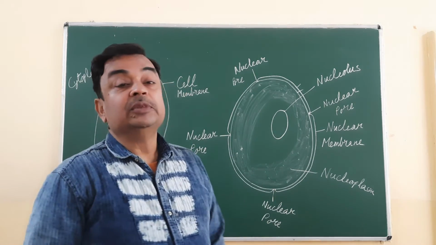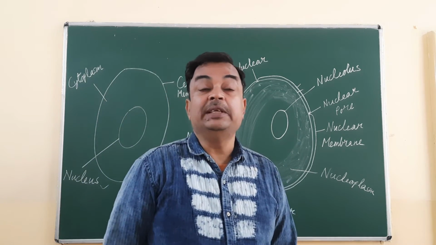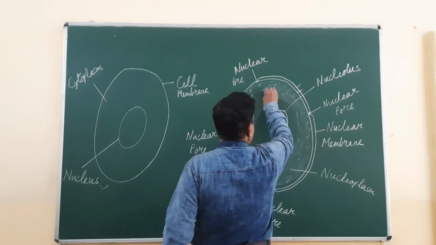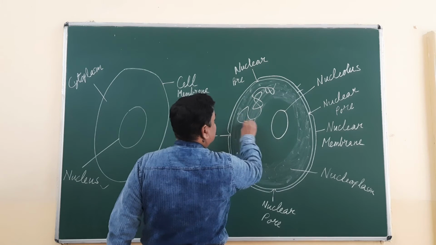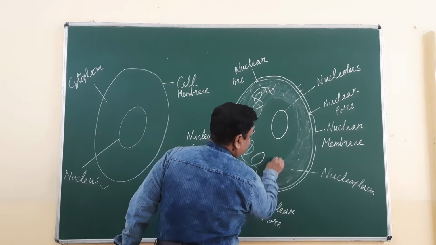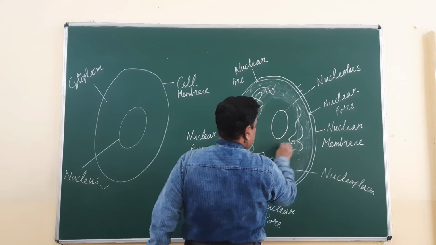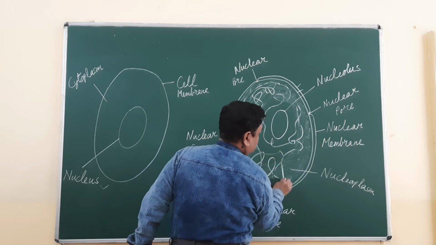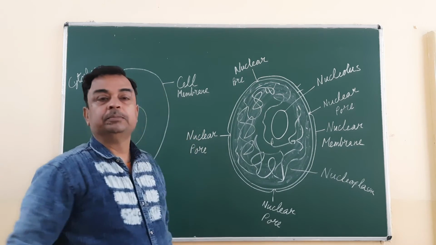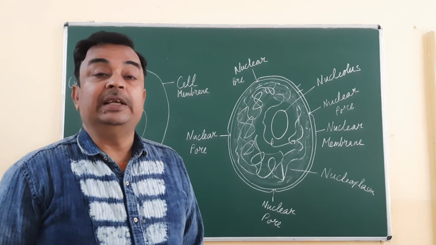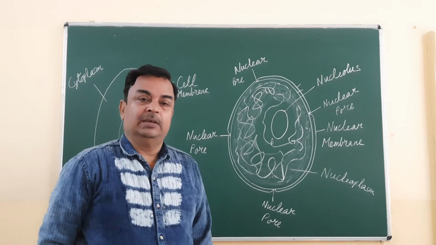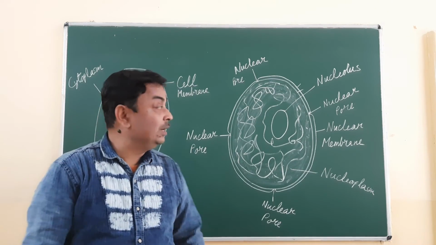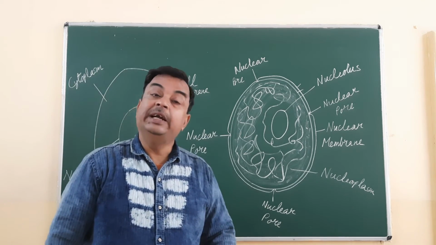Here the chromatin materials are present in the form of chromatin fibers like threads, and they are an entangled mass like this, children. As threads get entangled, likewise these chromatin threads are entangled.